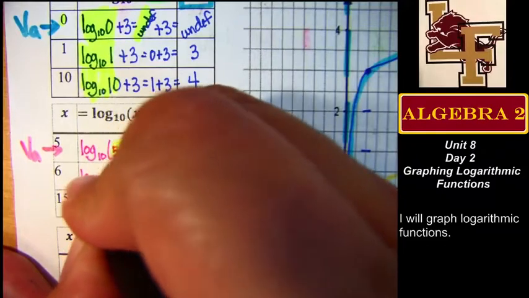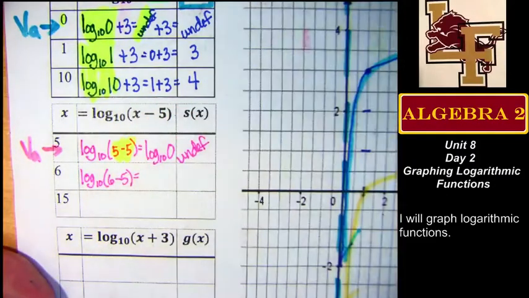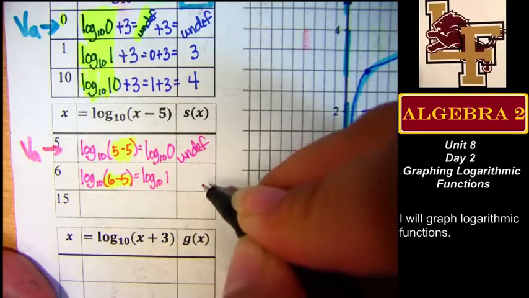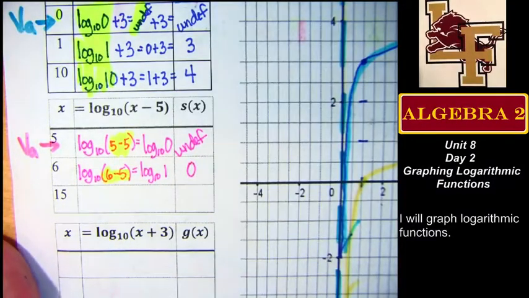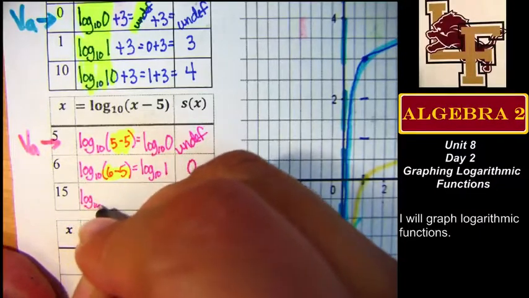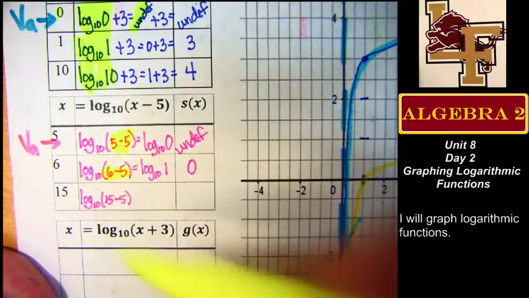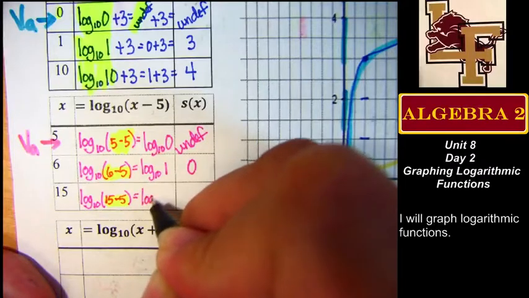The next point: log base 10 of 6 minus 5. Resolve the 6 minus 5 first: 1. Log base 10 of 1 is 0. Anything log of 1 is 0. The next one, log base 10 of 15 minus 5. Resolve the 15 minus 5 first: 10.